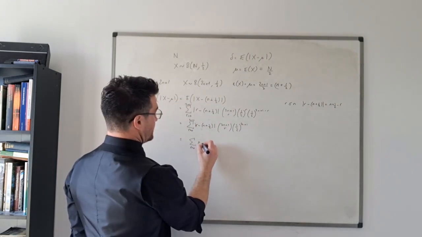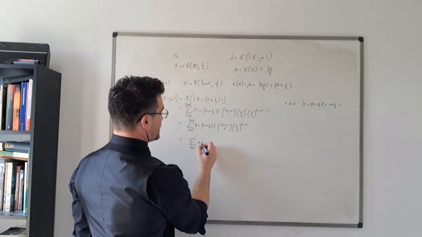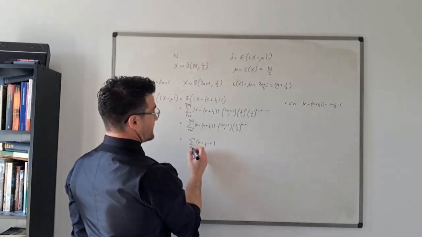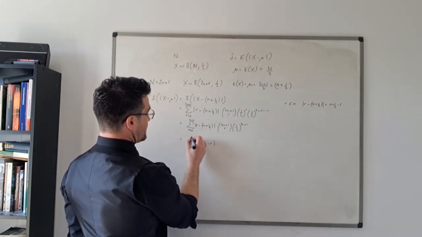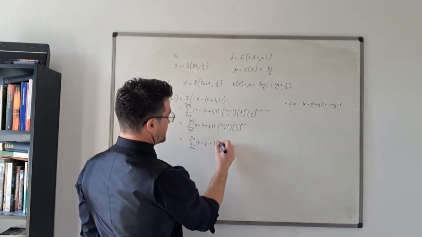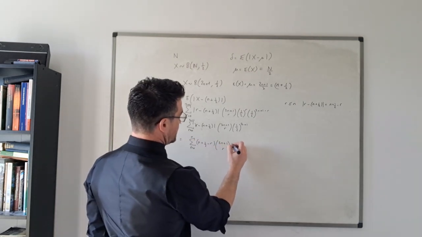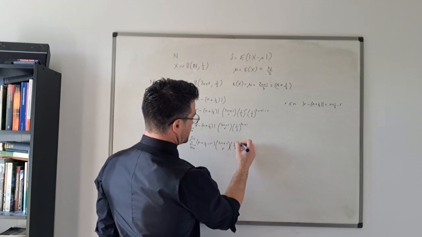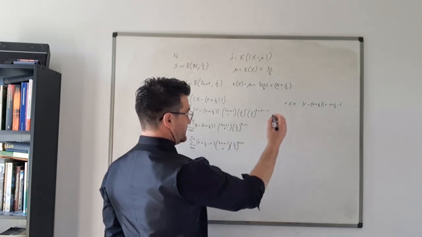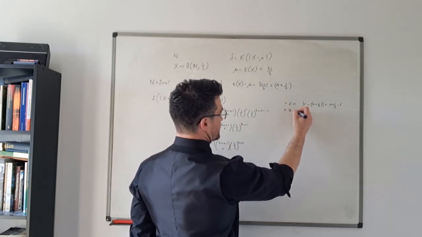Okay, so we get n plus a half minus r, from r equals 0 to n, of 2n plus 1 choose r, a half to the power of 2n plus 1. What about when r is greater than or equal to n plus 1?